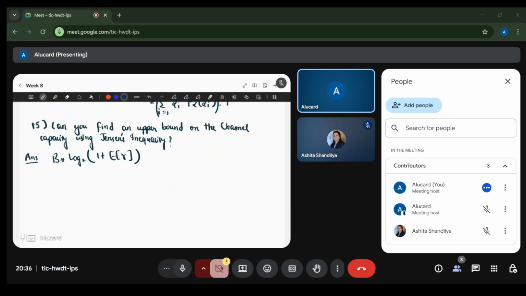Then question 16, what is the ergodic capacity of the channel?